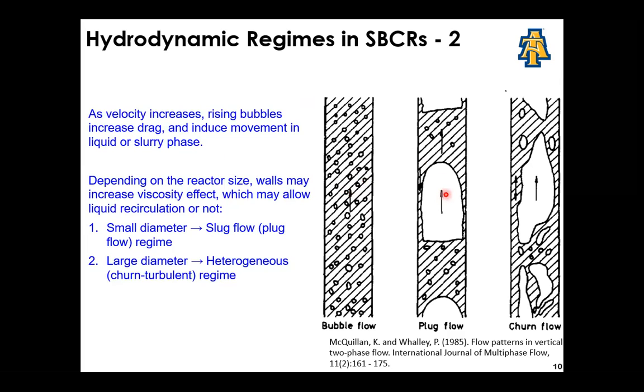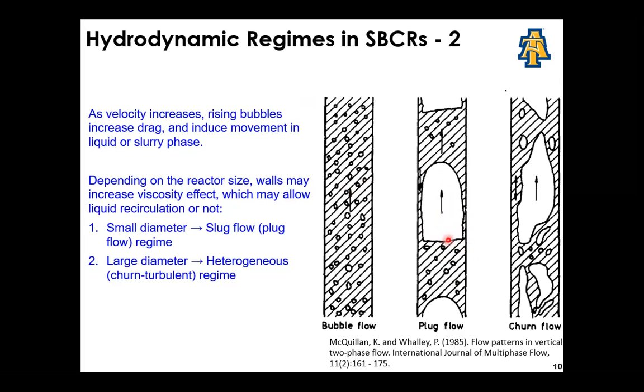As velocity increases, the rising bubbles induce movement in our slurry or liquid phase, and plugs are formed. When the velocity increases and small diameters are obtained, we usually have a plug flow or slug flow regime.